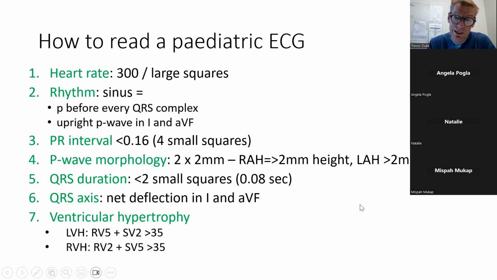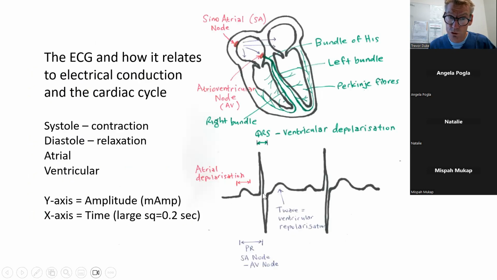Now, once you've looked at the P wave and the PR interval, we start on the QRS deflections. The QRS duration should be no more than 2 small squares.